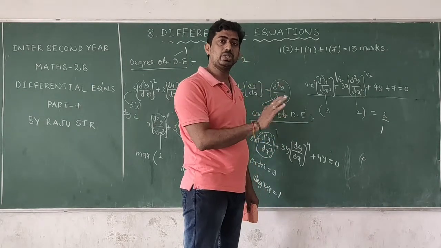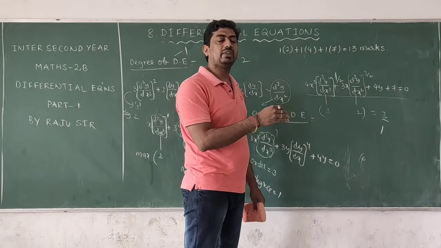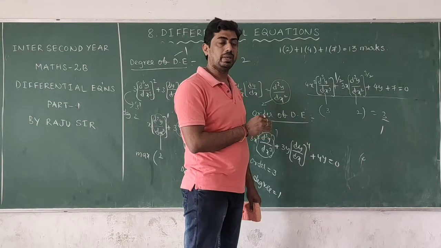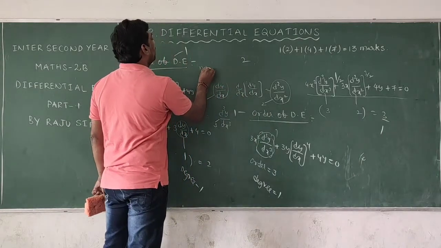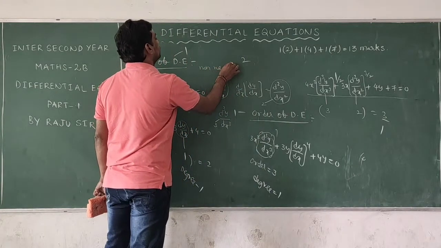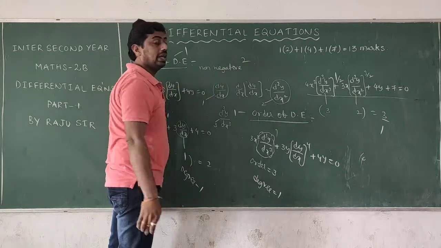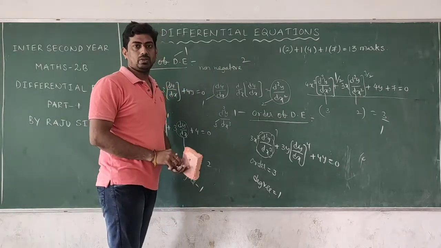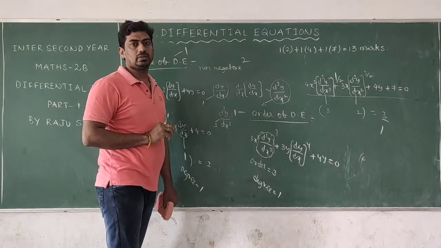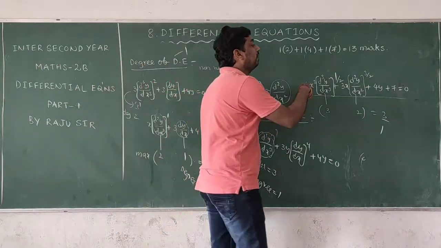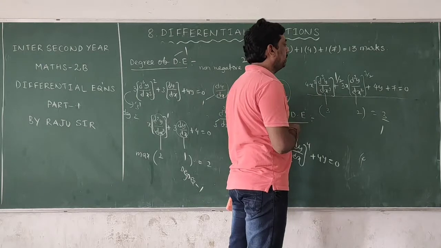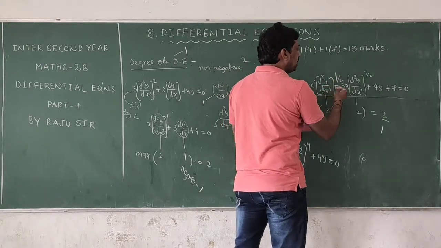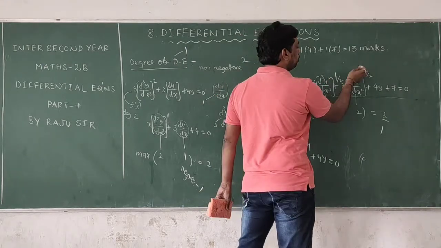After simplification only we can write the degree, because the degree of a differential equation is a non-negative integer, not a fraction. That's why if we have fractional powers in the differential equation, simplify that. In which way can we simplify? Squaring on both sides, then the 2 cancels.